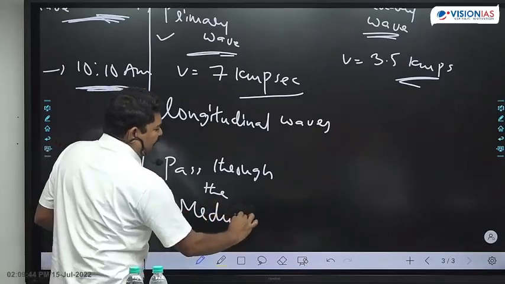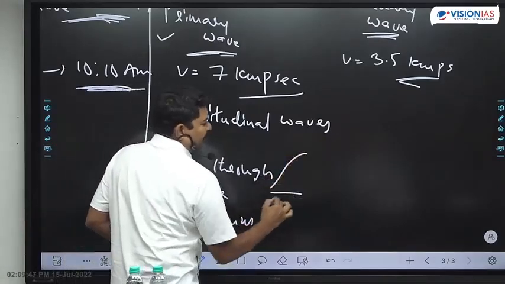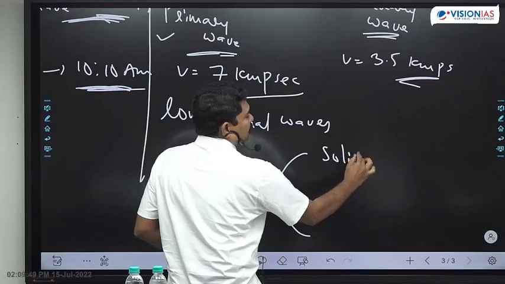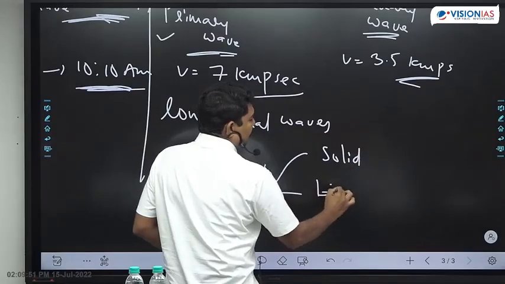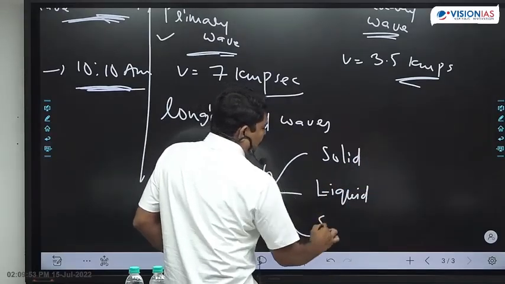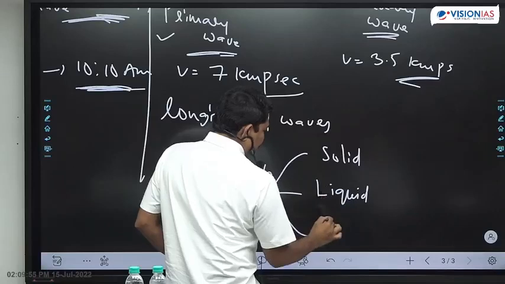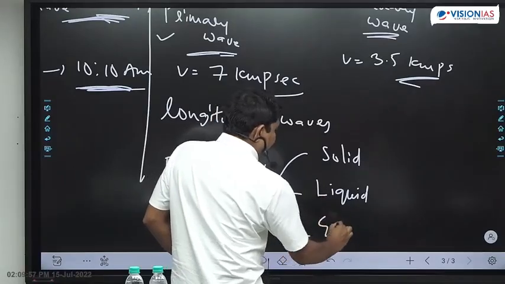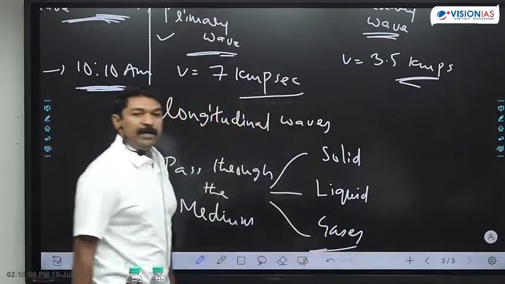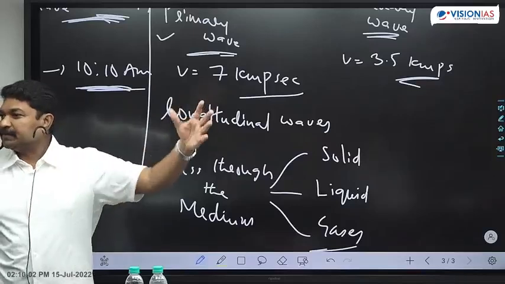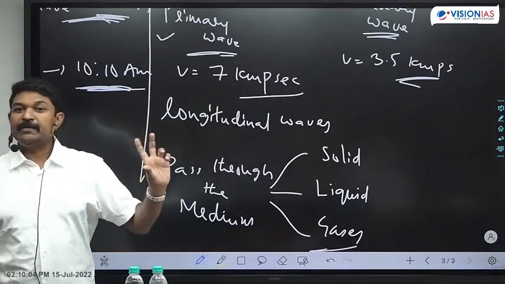What are the different mediums? We know there are three types of mediums. One is the solid medium. Another is the liquid medium. Another is the gaseous medium. These waves have the ability to pass through all the mediums, but with different velocities.